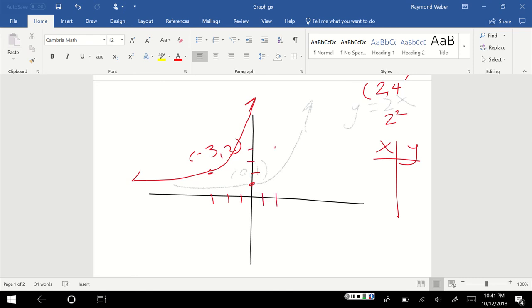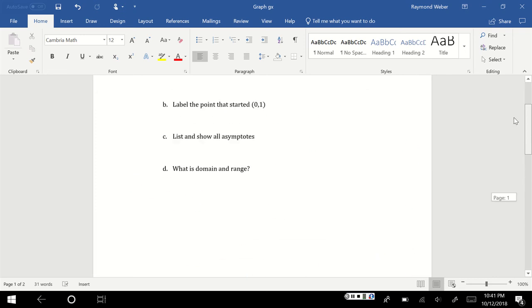We were here, but we have to go left 3. So 1, 2, 3, up 1 right there. And now we're at (-1, 5). So you could do that for any point, and that can give you some points as you're looking through this. And of course, you could simply stick points in the original, just like we do for anything else.